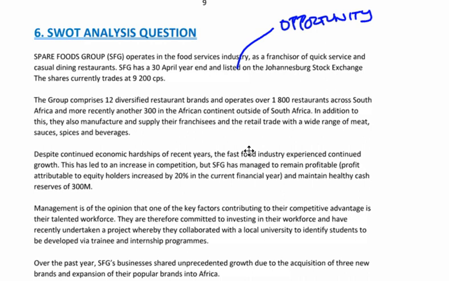We've got 1,800 restaurants, 12 diversified brands, 300 more on the African continent. We've got a big, nice, diversified brands and restaurant group. Lots of customers. This is a strength, and you can put it down in your strength place.